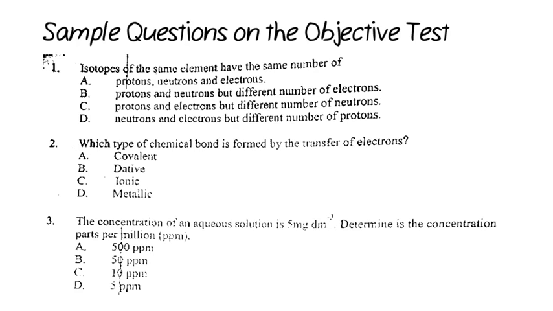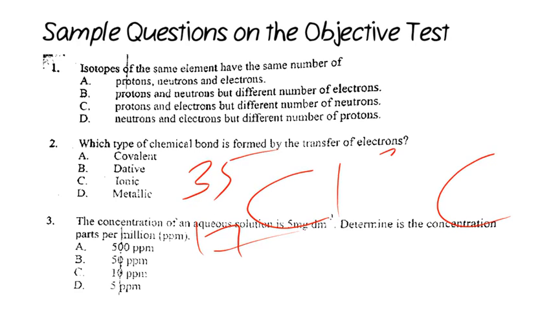Working with isotopes, there is this common isotope that is always discussed, and that's chlorine. Chlorine has 2 isotopes. You have chlorine-35 and chlorine-37. These are considered as isotopes.